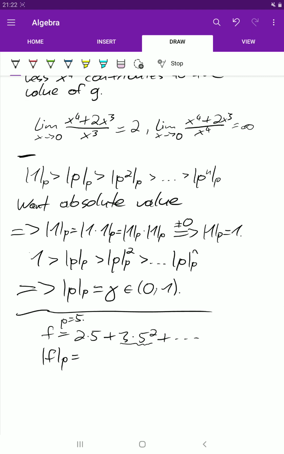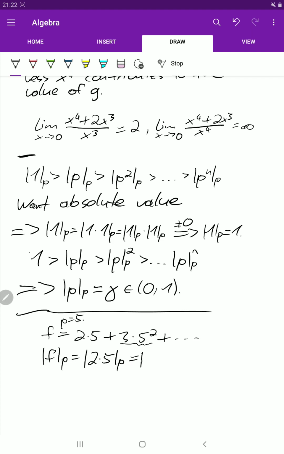So we say that this is the absolute value of the largest contributing factor, which is this one, and what is this?